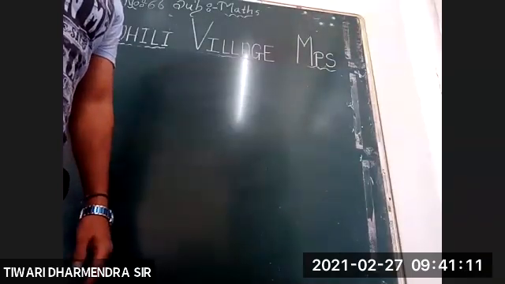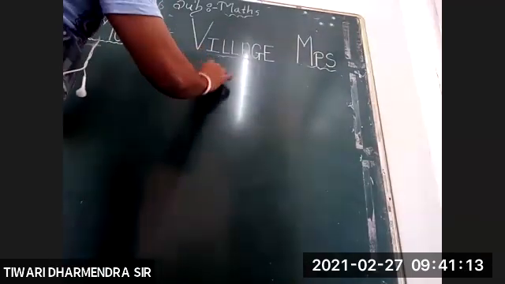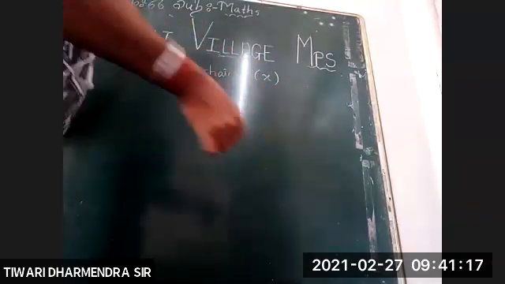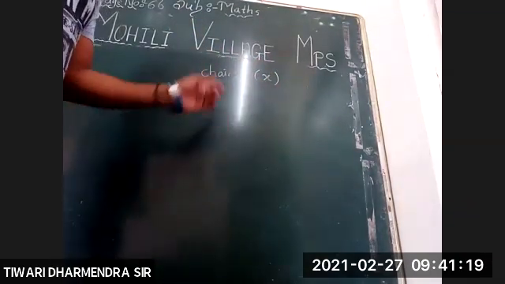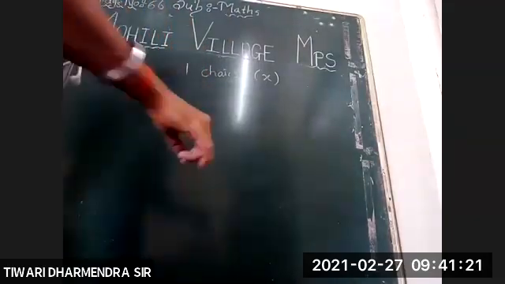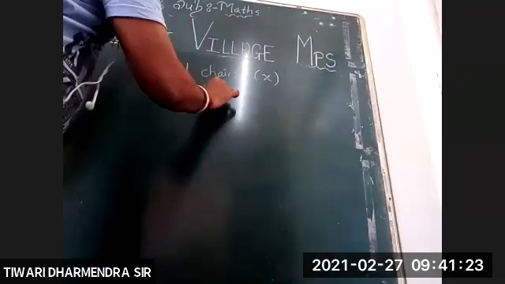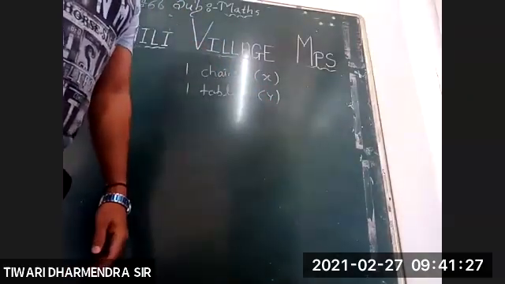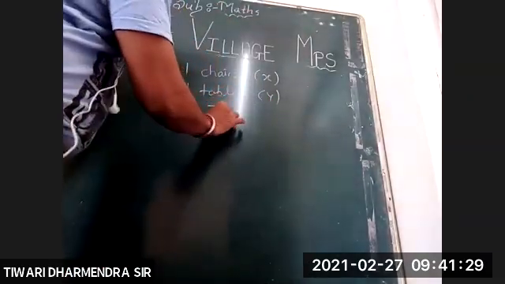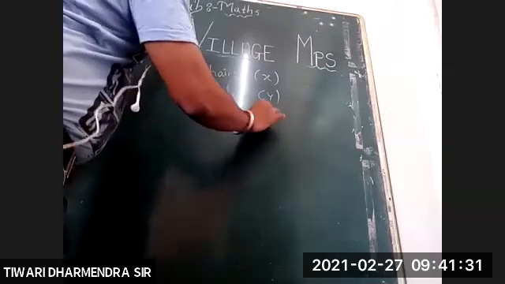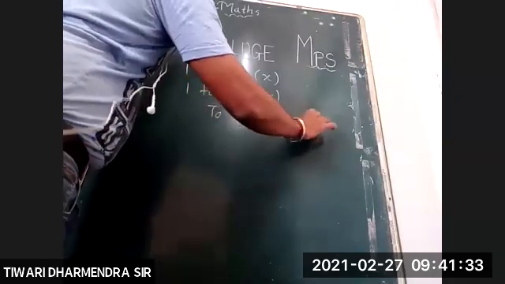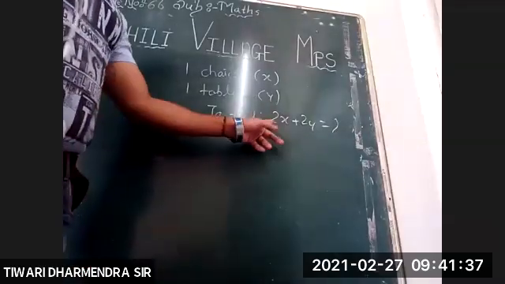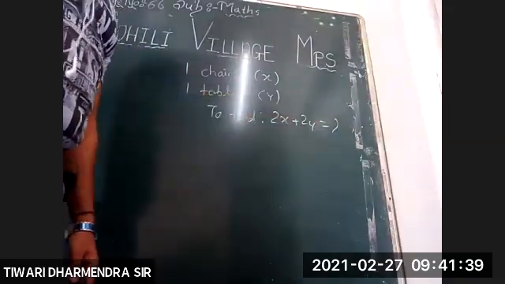Find the price of 2 chairs and 2 tables. Let the price of one chair be X and one table be Y. We need to find 2X plus 2Y, because they are asking for 2 chairs and 2 tables. So 2X plus 2Y will give you the answer.